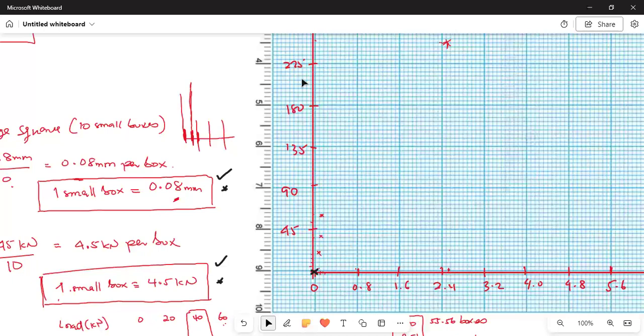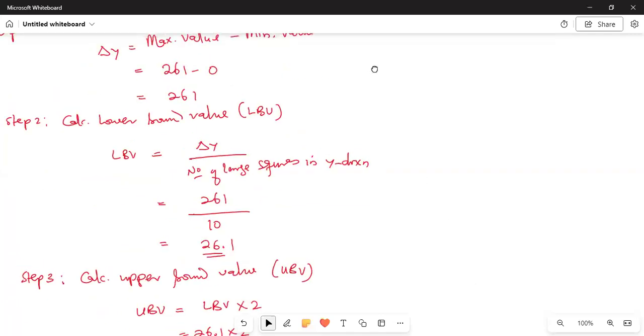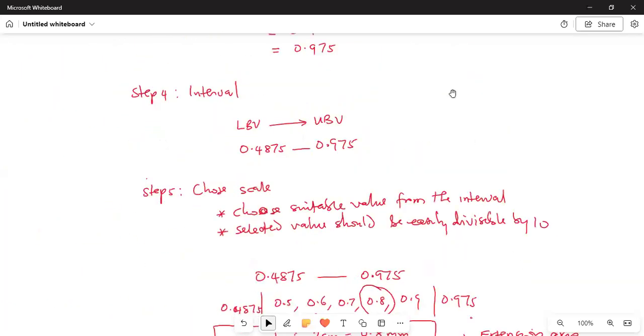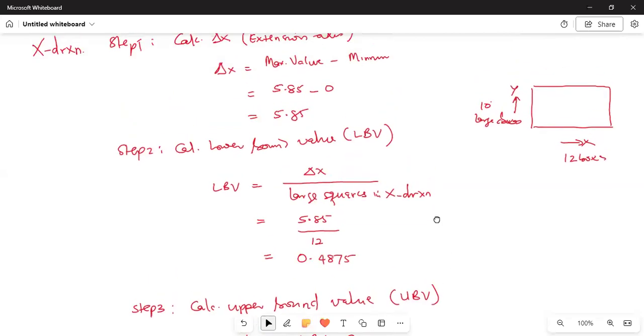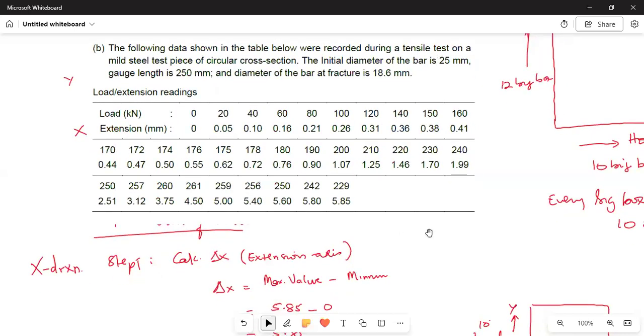Any question? So let me take you up there and show you where the power lies. Now, after you have gotten the 0.08 and 4.5, this is what I expect that you can do, and then it will make your plotting very faster.